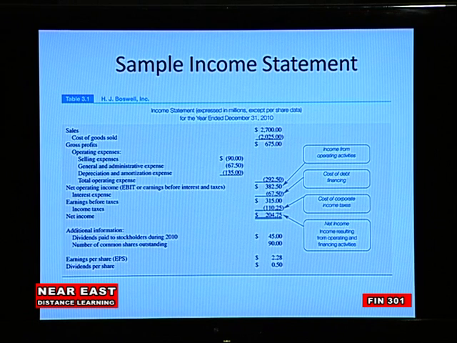Additional information includes dividends paid to stockholders during 2010, the number of common shares outstanding to arrive at earnings per share, and dividend per share. The main idea of the additional information is to know earnings per share and dividend per share. How can we calculate earnings per share and how can we calculate dividend per share?